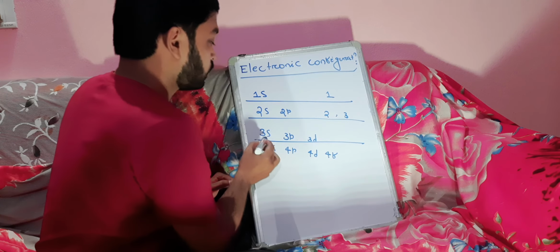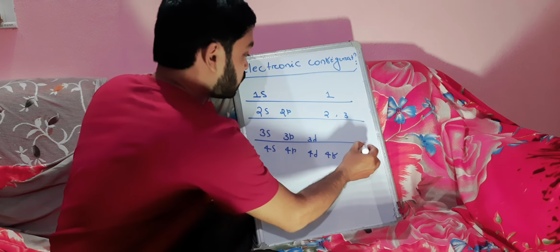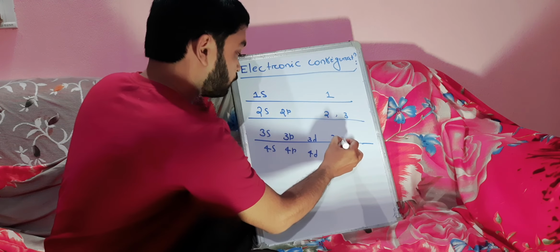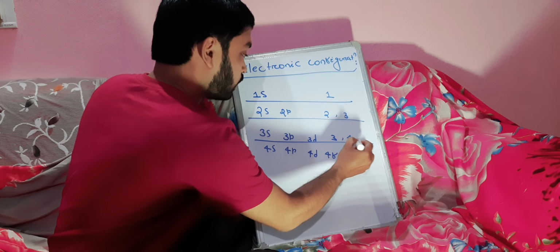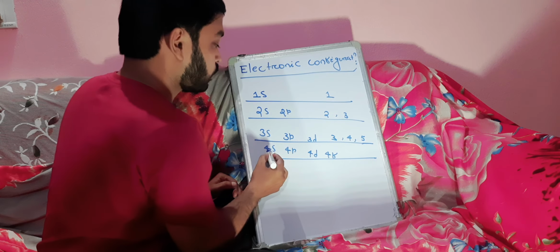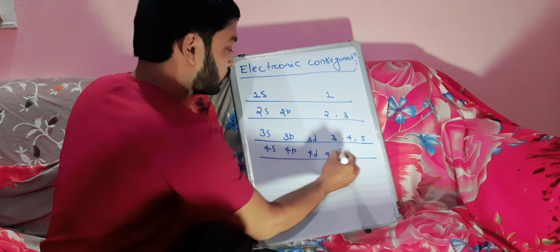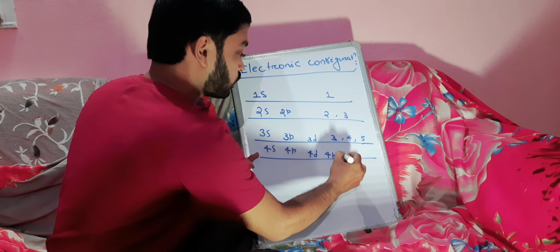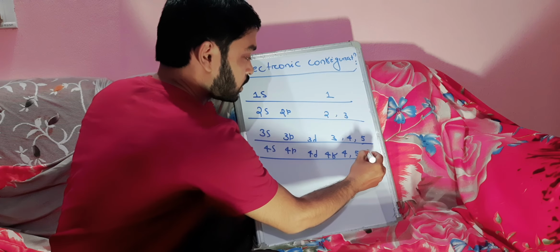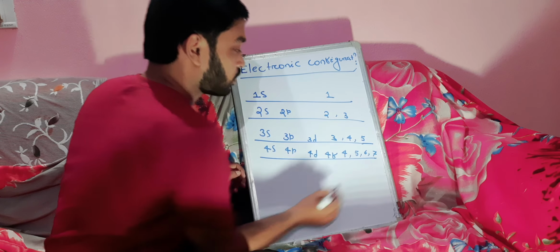Similarly, the energy of the 3s will be 3 and the 3p will be 4 and the 3d will be 5. In this concept, we can calculate the energy of 4s is 4 and the energy of 4p is 5 and the 4d is 6, 4f is 7.